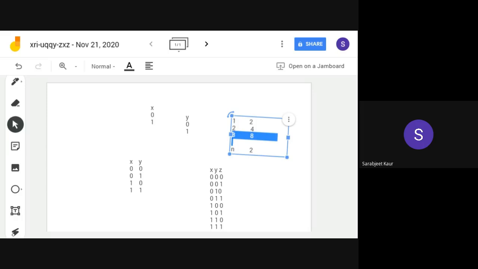So when I have 4 variables, how many distinct combinations of the values will I have? 16. And in general, if I have n variables, then it will be 2 raised to the power of n. Is this clear to everybody? Yes, ma'am. Okay, good.